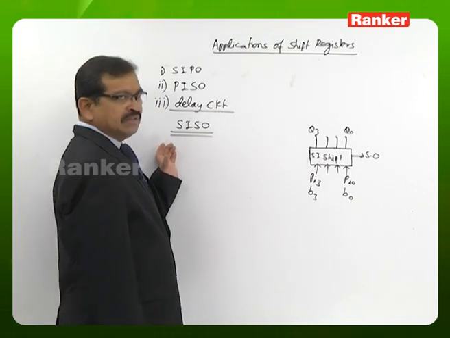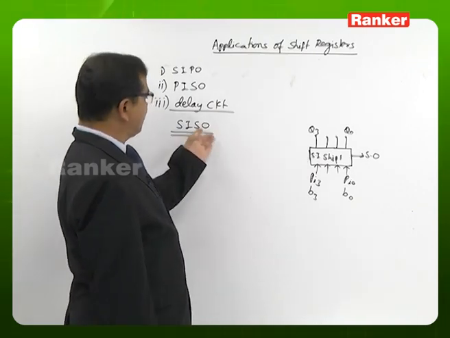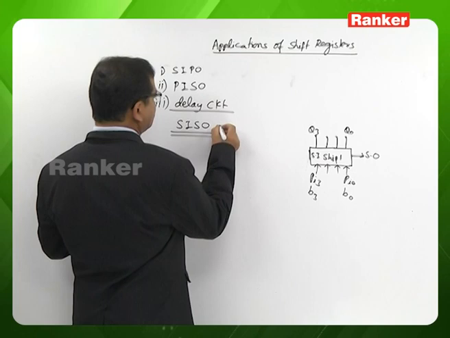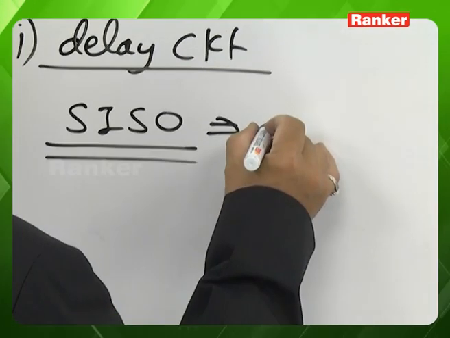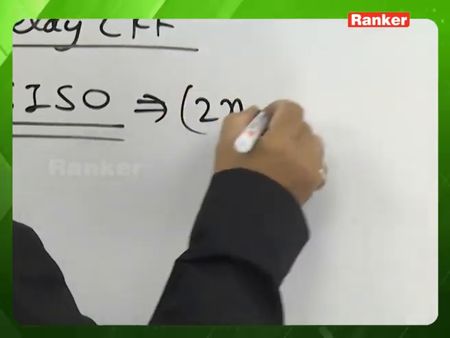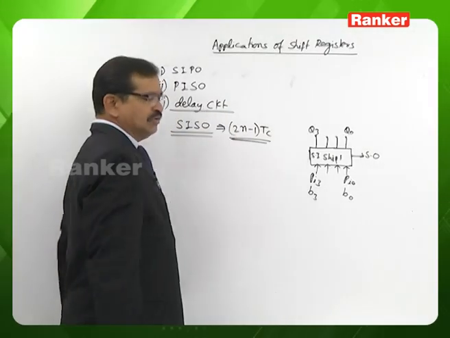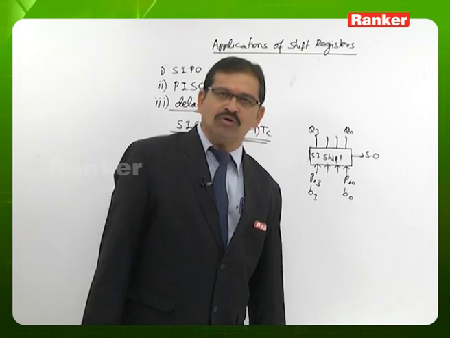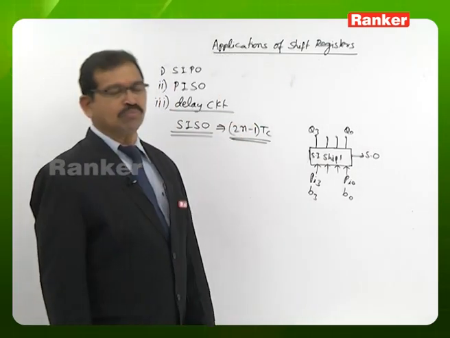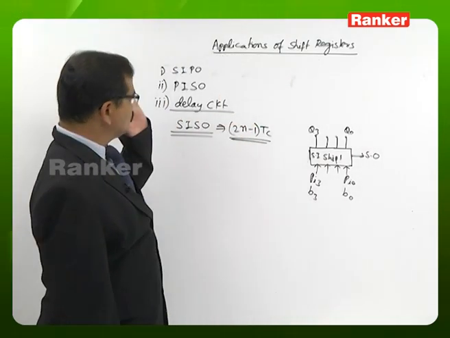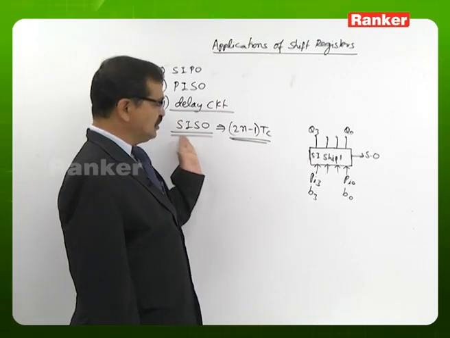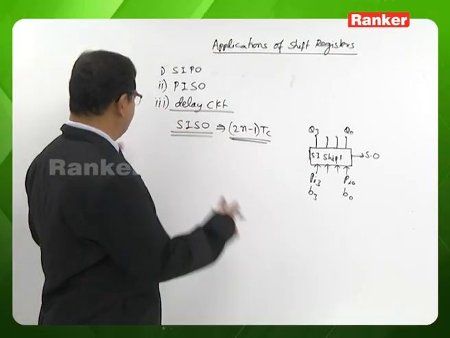So for writing purpose, n clock pulses, for reading purpose, n-1 clock pulses, so that the amount of delay involved will be 2n-1 times the clock repetition time. And of course, it is possible even with serial input, parallel output, parallel input, serial output also, but the best way to use the register as a delay circuit is the serial input, serial output operation.